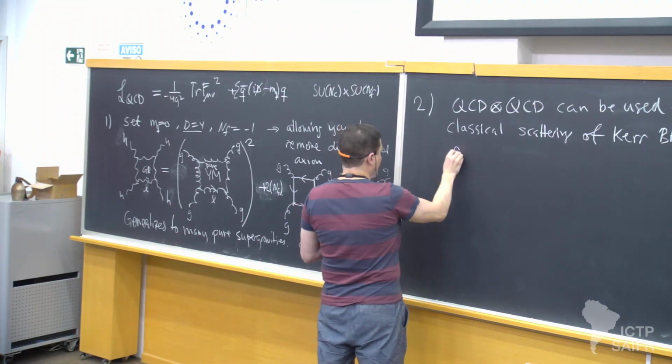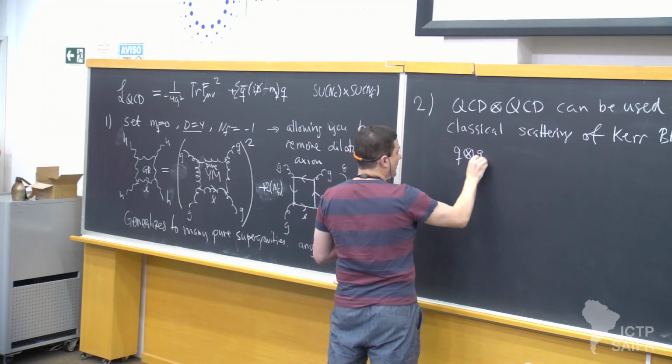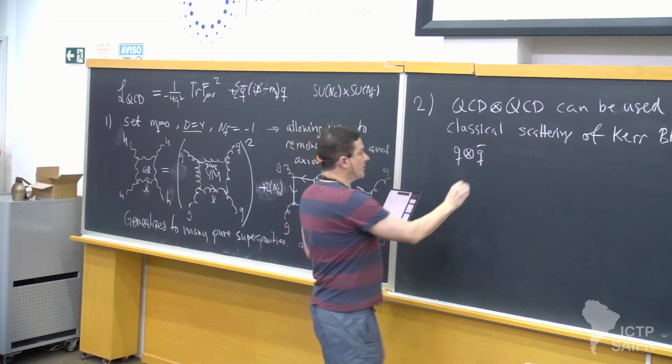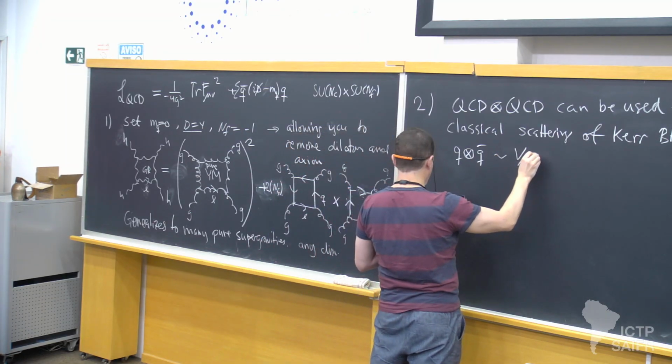And that's because in this double copy between the quarks, we have a massive Proca field.